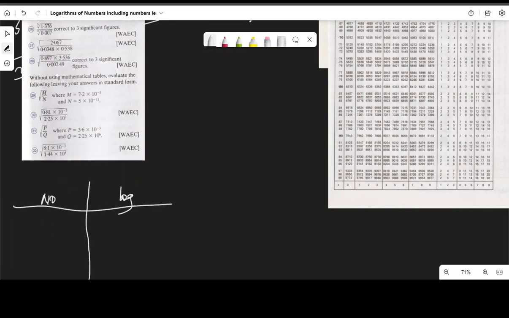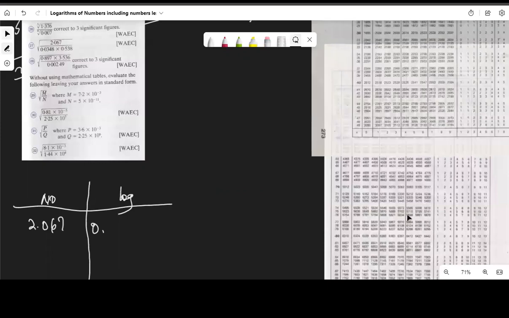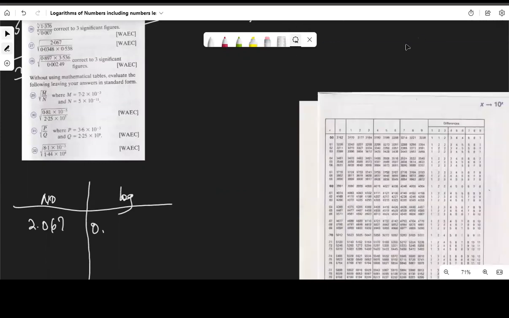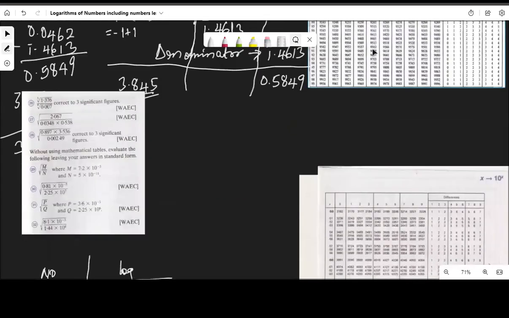The first one here is 2.067. The characteristic is 1 minus 1, which is 0. I will look for the logarithm of 20 under 6, difference of 7. This is antilog. Okay, here is log.